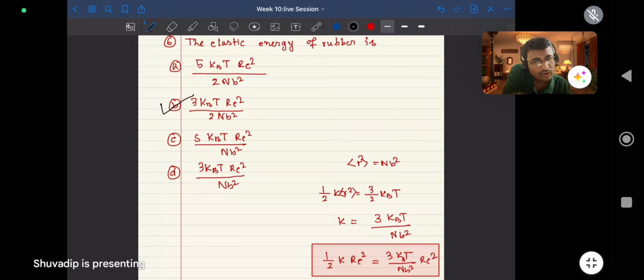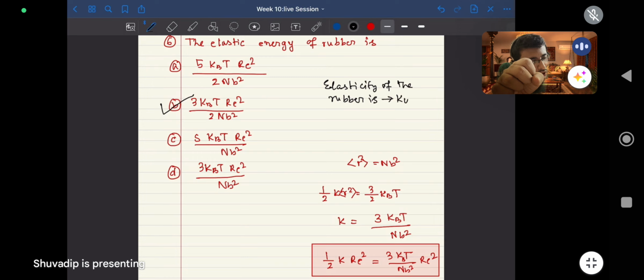So there was one more related question, that using which theory we can get the elasticity of the rubber. So basically the elasticity of the rubber is given by the Kuhn theory, which is discussed in the last section of this week's lecture.